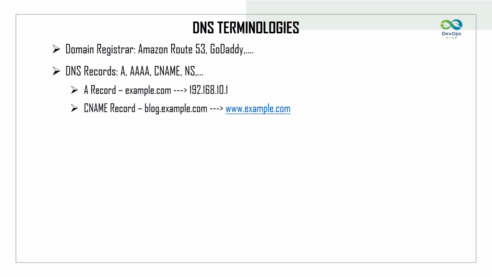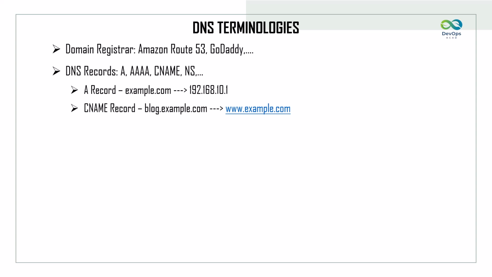For example, console.aws.amazon.com is a fully qualified domain name, but it's a subdomain of Amazon.com. So Amazon.com is the domain name, and they have different extensions before that. You create these DNS records using the DNS management service provided by your domain registrar.